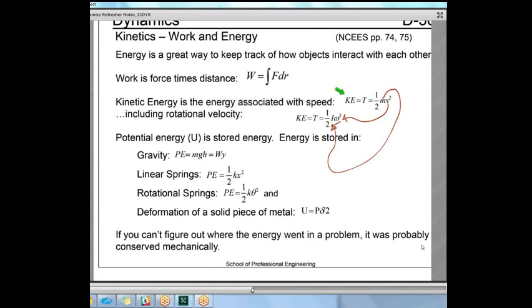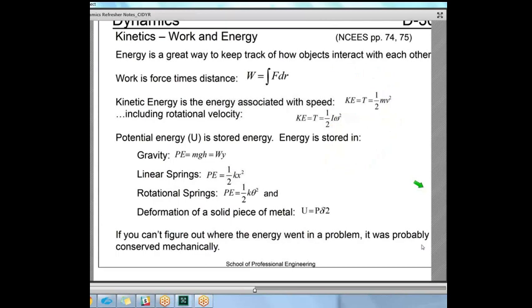Now, you could do some fancy algebra here, because we know that v equals r omega, so v squared is r squared omega squared, and we know we've got an omega squared there. So 1/2 mv squared is kind of like saying 1/2 mr squared omega squared. Did you follow that?